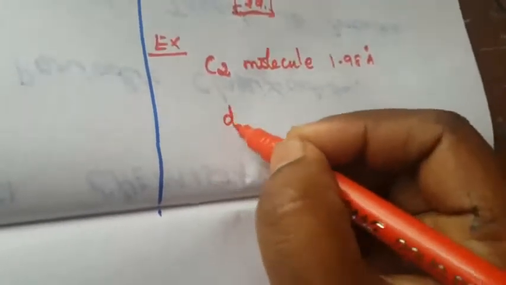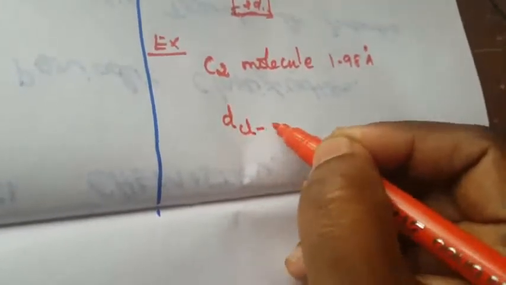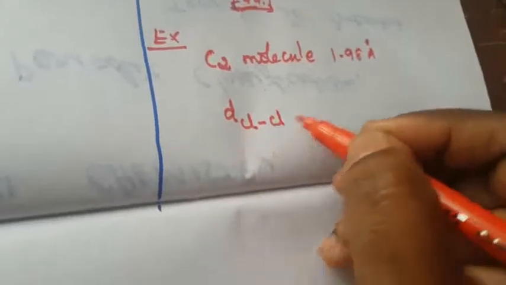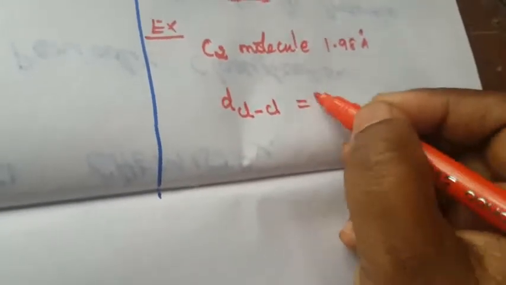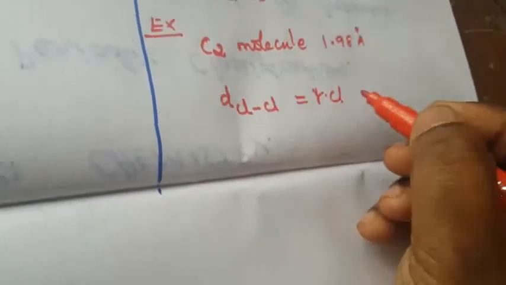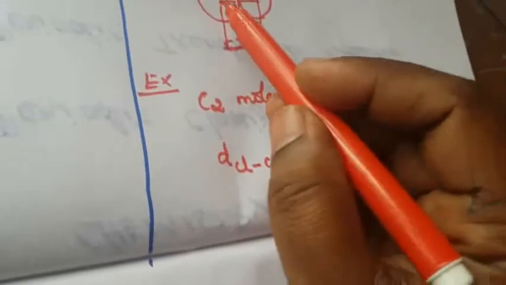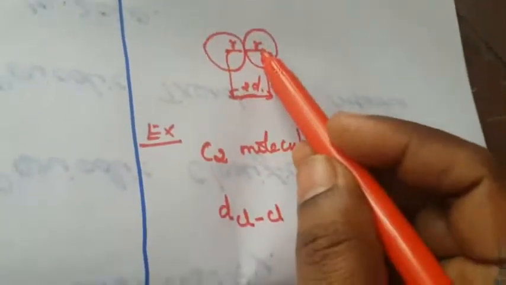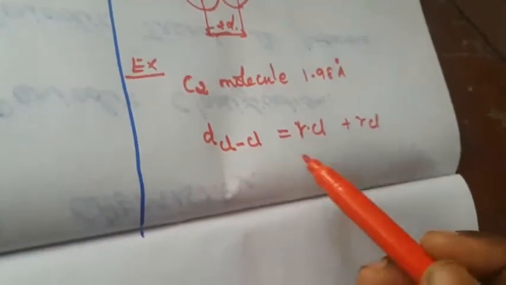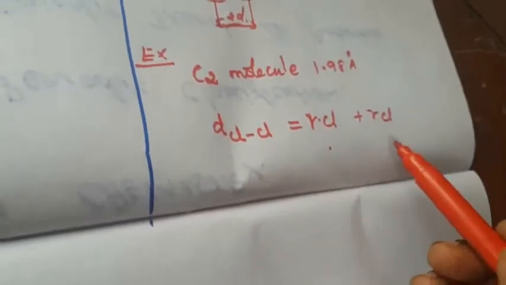The internuclear distance between one chlorine atom and another chlorine atom is the radius of one chlorine atom plus the radius of the other chlorine atom.